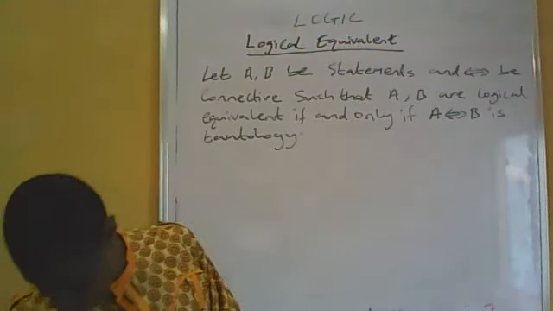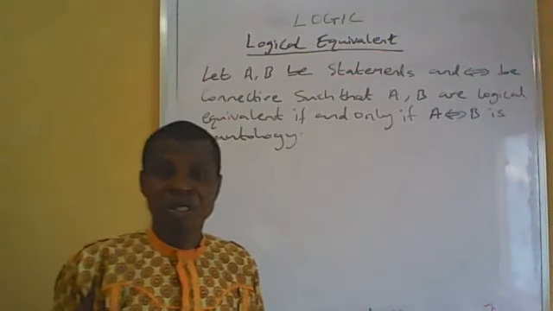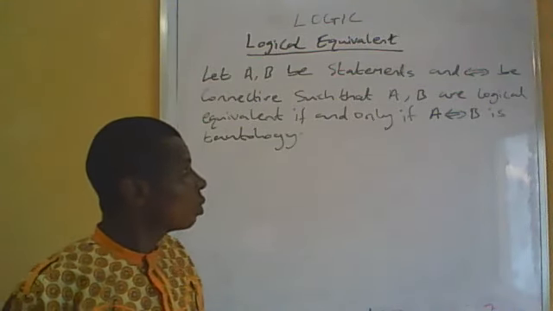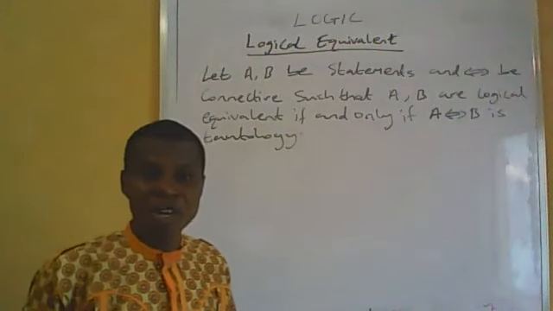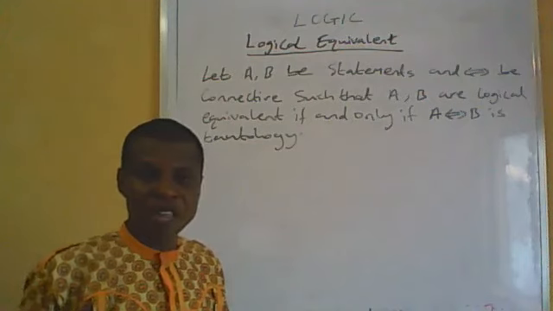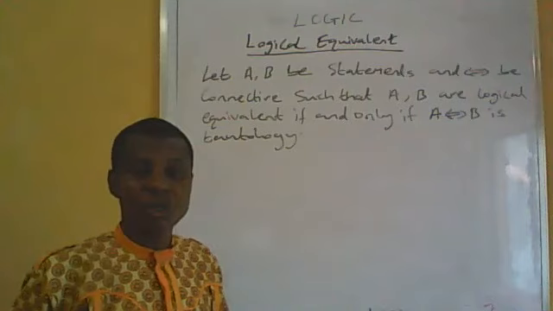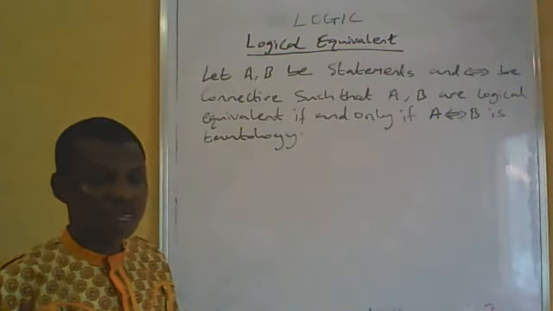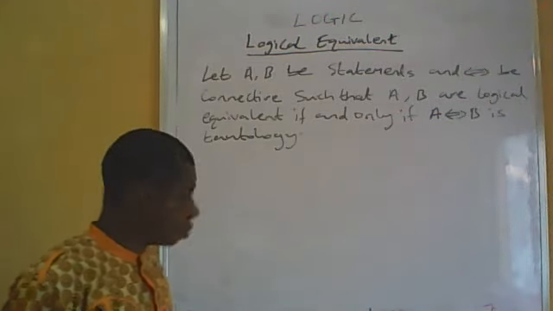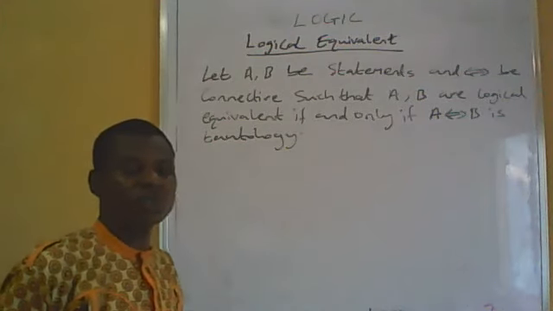We said that, let A and B be statements, and if and only if be our connective, such that A, B are logically equivalent if and only if A if and only if B is a tautology. Very, very good. Now, having defined logical equivalence, let us prove it.